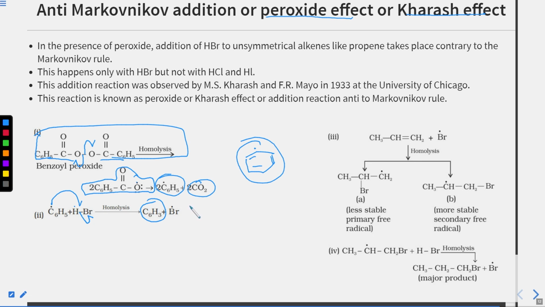Is this clear? Okay, so we got our Br radical again. It is not written clearly, but we are getting C6H5.